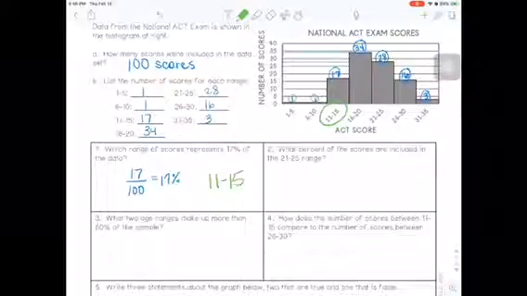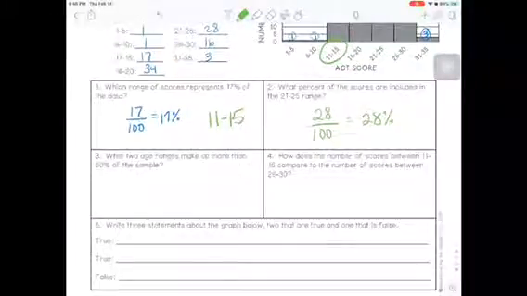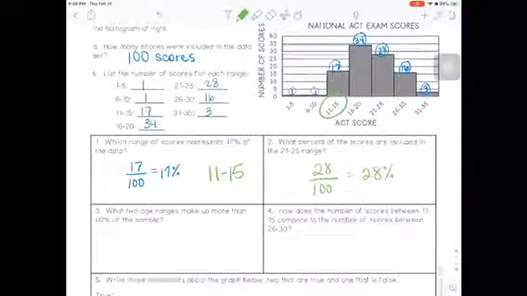What percent of the scores are included in the 21 to 25 range? Well, we know that it's 28 out of 100. So what percent is that? 28%. What two score ranges make up more than 60% of the sample? I'm thinking it's 16 to 20 and 21 to 25.